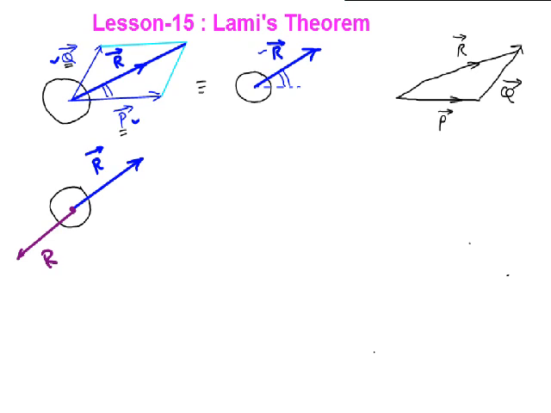We represent this force as R reverse, because these are two forces equal in magnitude, opposite in direction and collinear. These two will keep the body in equilibrium.